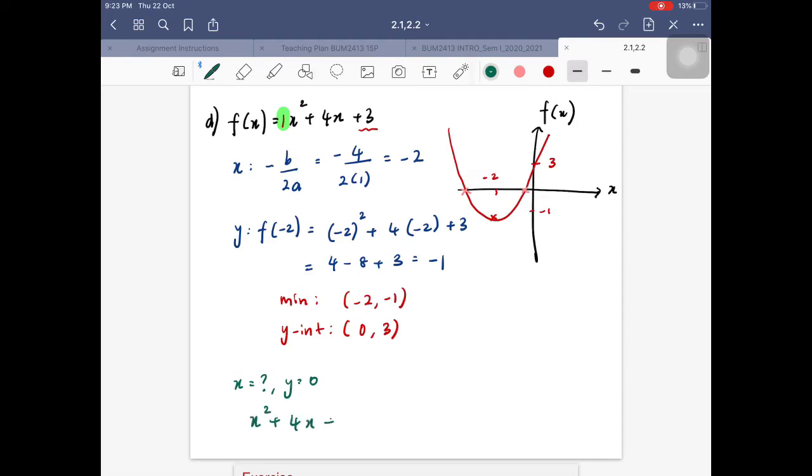So x squared plus 4x plus 3 equals 0. When I factorize this, I will get x plus 3 multiplied by x plus 1 equals 0, for which my values are x equals -3 and x equals -1. So this is going to be -1, and this point over here is going to be -3. So those are going to be my x-intercepts.